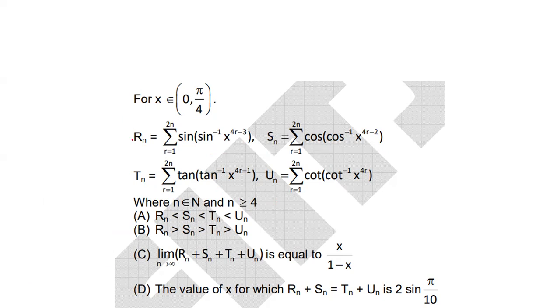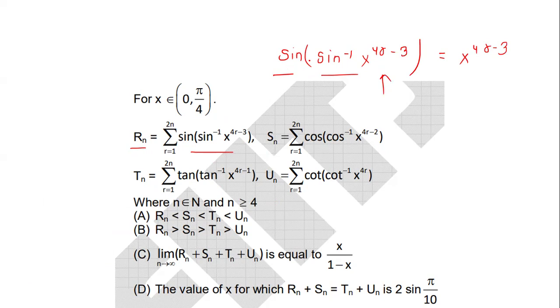So you see r of n is equal to this summation, and in the summation we have terms of sine of sine inverse of x power 4r minus 3. So we know sine of sine inverse of something is the same as the inside argument.